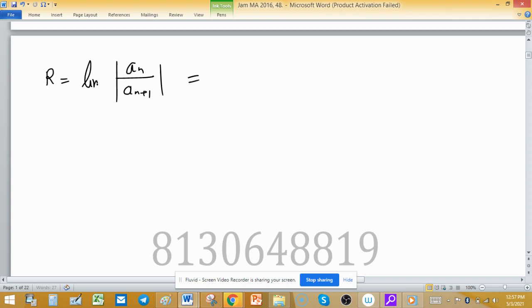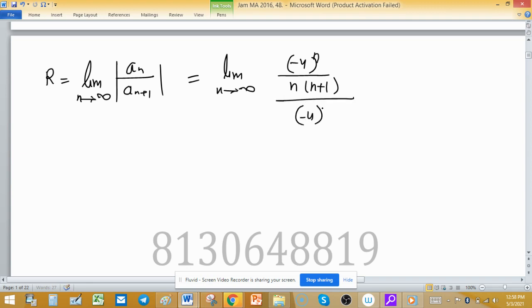So we take the limit as n tends to infinity. a_n is (minus 4) raised to the power n divided by n plus 1, and a_(n+1) will be (minus 4) raised to the power n plus 1, and in the denominator, n plus 1, n plus 2.